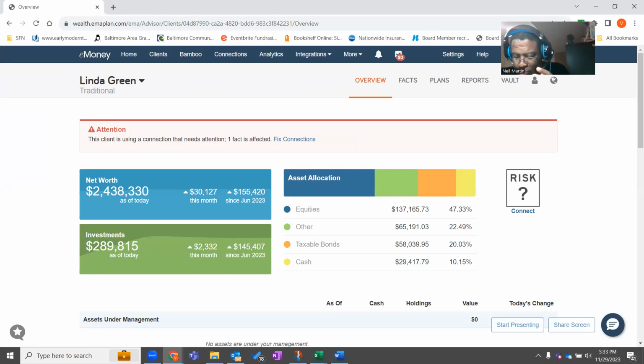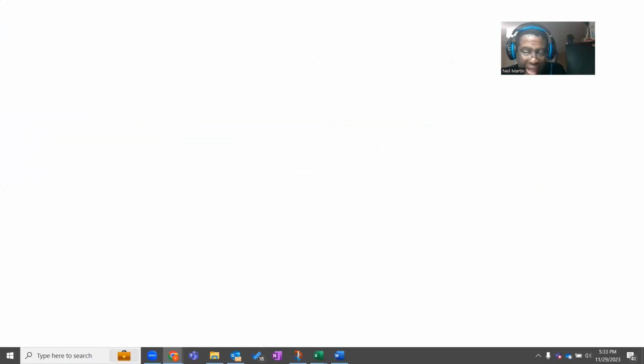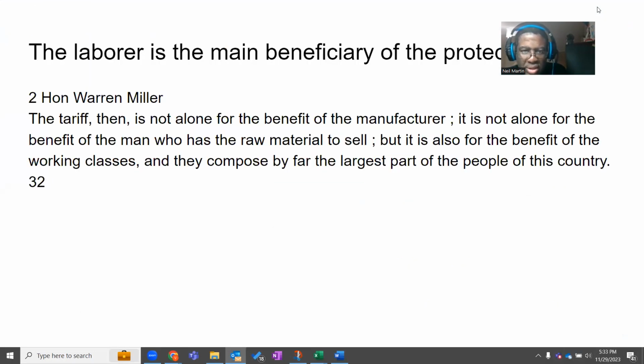So this is showing a harmony of interest. And what protectionism does, it helps out the manufacturer, that's a given. It helps out the seller of raw materials, and it helps out the laborer. Victor, can you go back to the slide? Yeah.